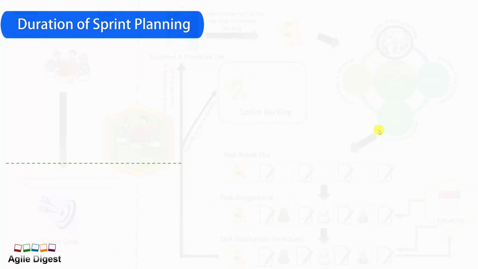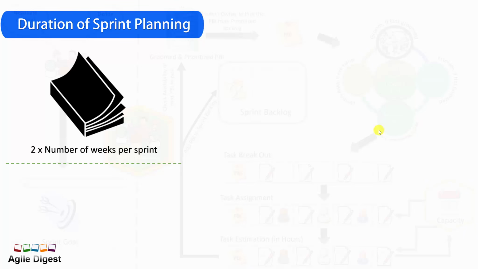Okay, so now we'll talk about the duration of sprint planning, how long a sprint planning meeting should take. By the book, it is 2 times the number of weeks per sprint. So if you have a 2-week sprint, it will be 4 hours. If you have a 3-week sprint, it will be 6 hours.